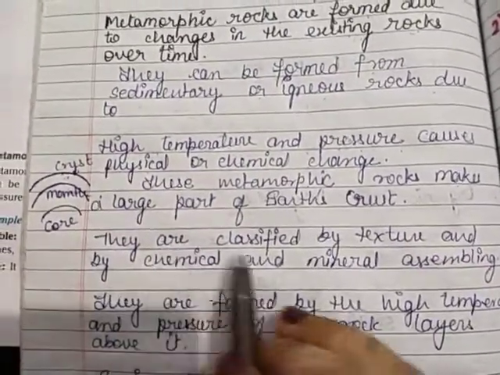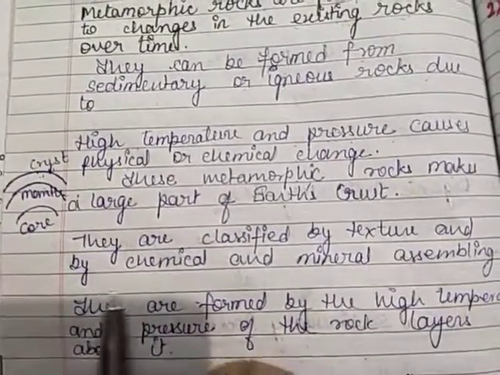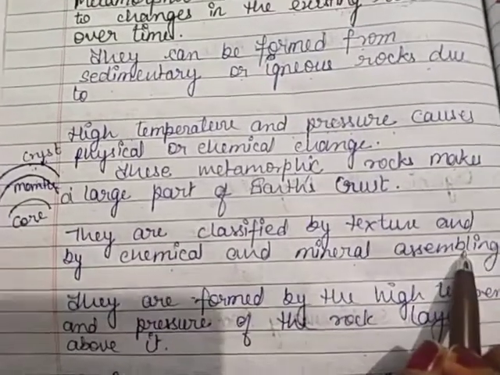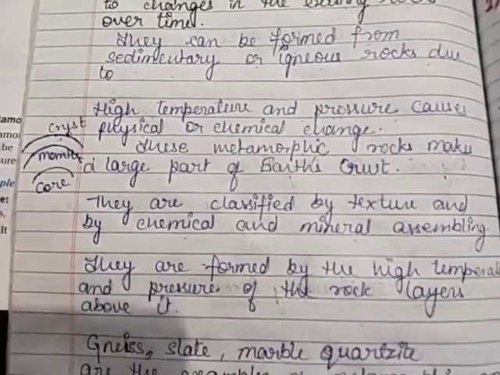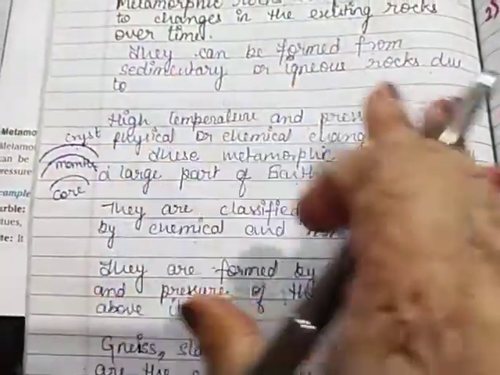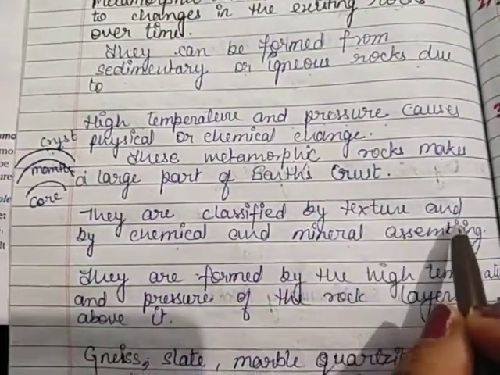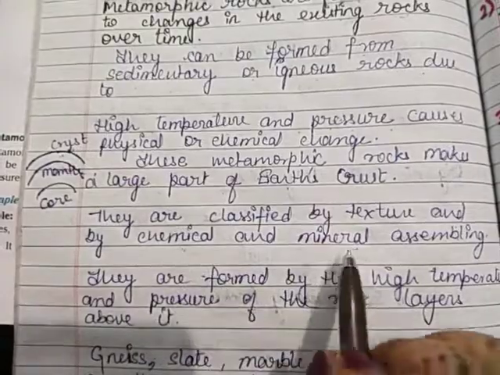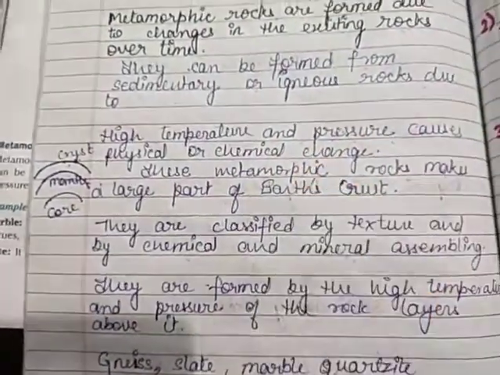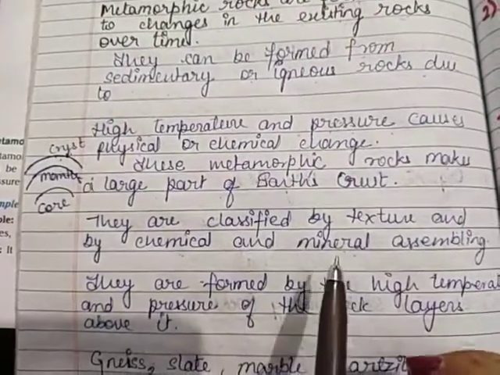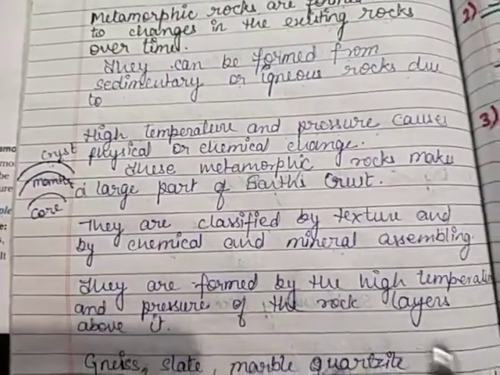These metamorphic rocks are classified by texture and by chemical and mineral assembly. That is to say, we can classify or categorize the metamorphic rocks according to the texture and the chemicals and minerals which are assembled or cemented. On the basis of these things, we can categorize the metamorphic rocks.